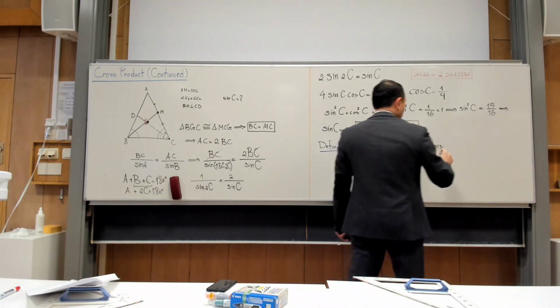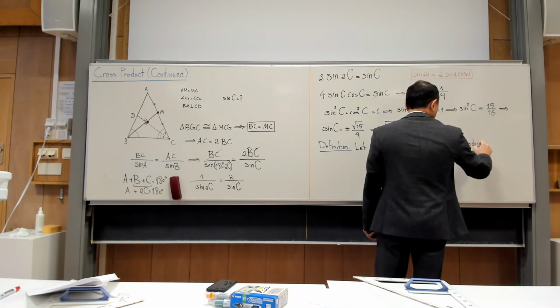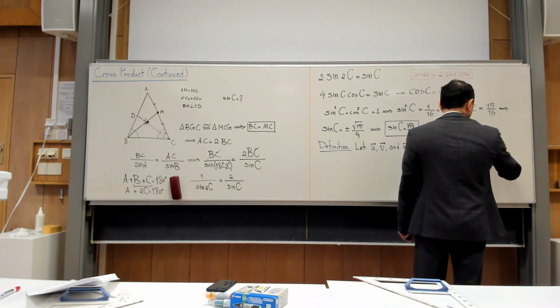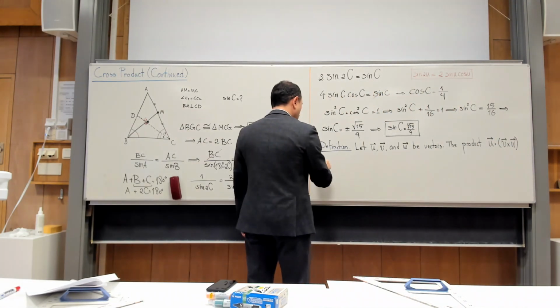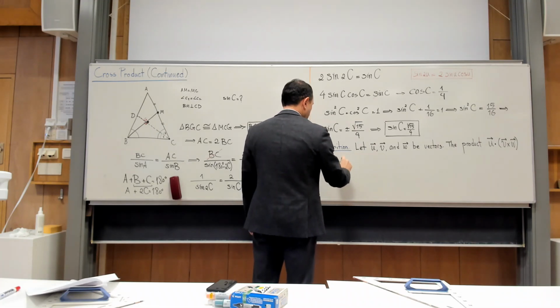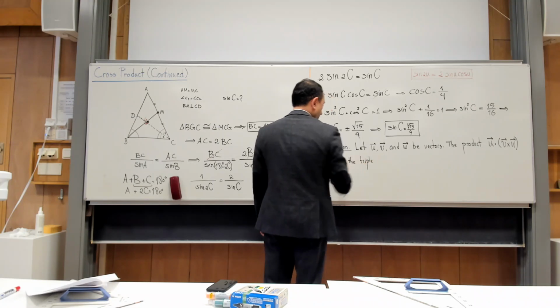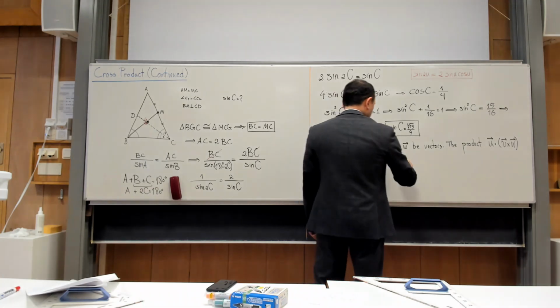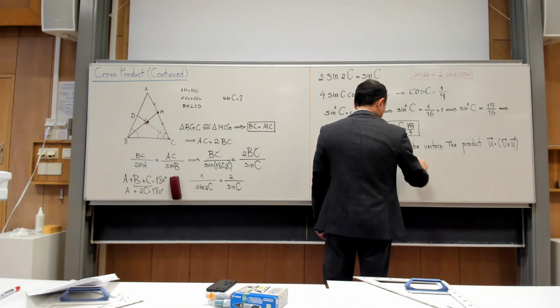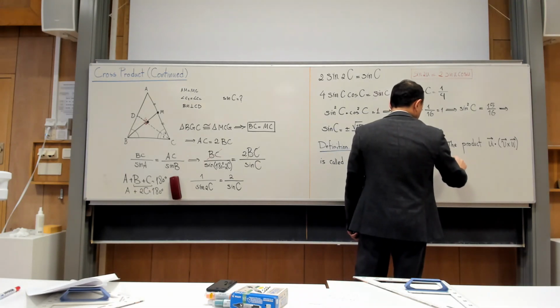The product u dot v cross w is called the triple, or sometimes mixed, product of vectors u, v, and w.